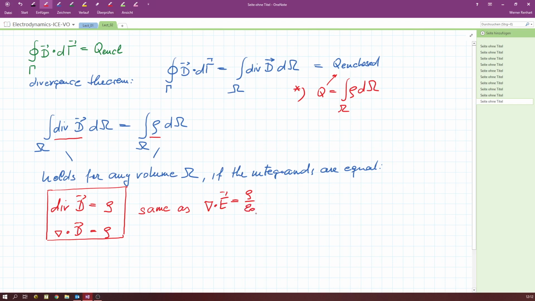And this relation, divergence of D equals rho, is called the Gauss law in differential form. Differential form is obvious because we have to build the divergence of a vector, and divergence always contains derivatives. And later we will learn that this is also called the third Maxwell equation.